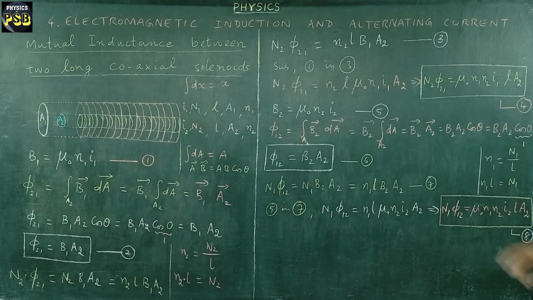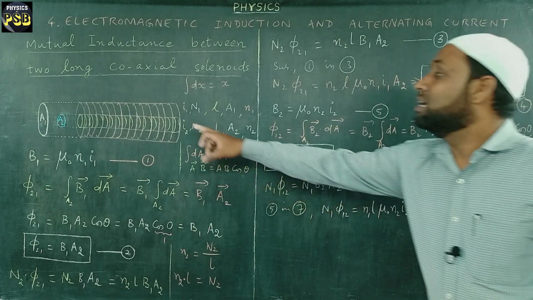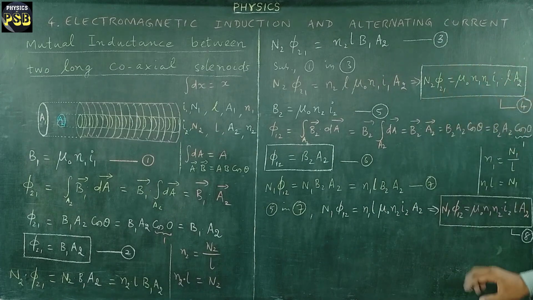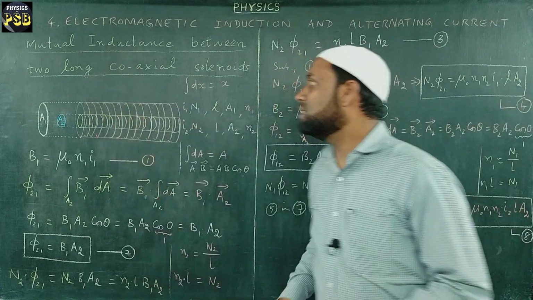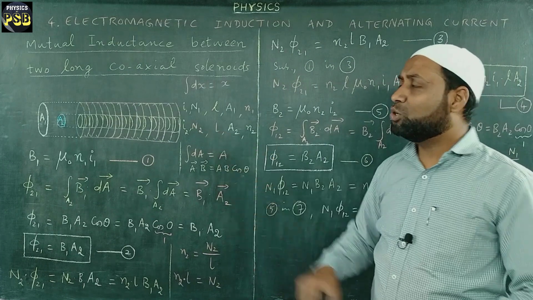Now, equation number 4 gives us the total magnetic flux linked with solenoid 2, and equation 8 gives us the total magnetic flux linked with solenoid 1. Here our aim is to get the expression for the mutual inductance between these two solenoids.